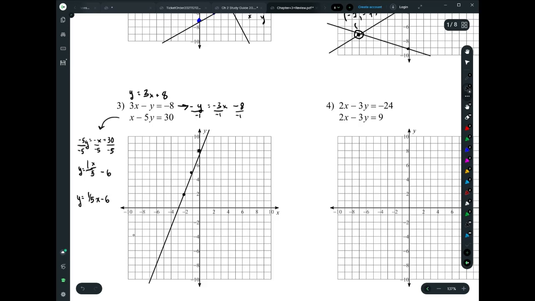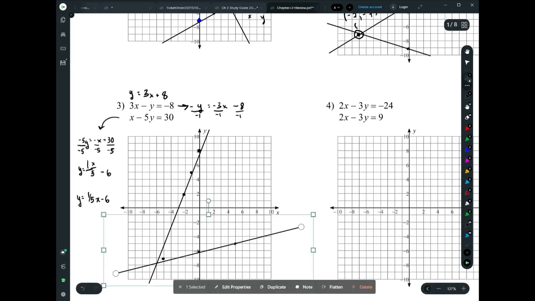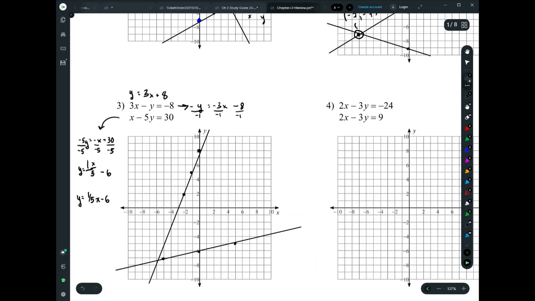So starting at -6, we go up 1 to the right 5, or down 1 to the left 5, and where we'll see that these intersect is going to be about at this line here. So mine's not perfect. I'm going to check to see that I graphed everything right.